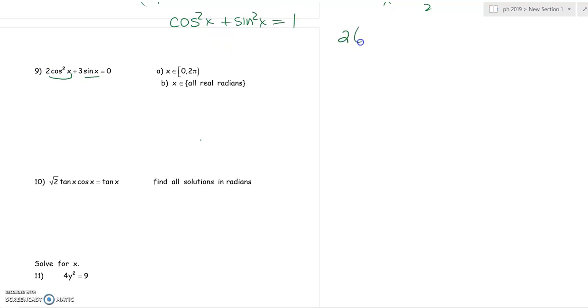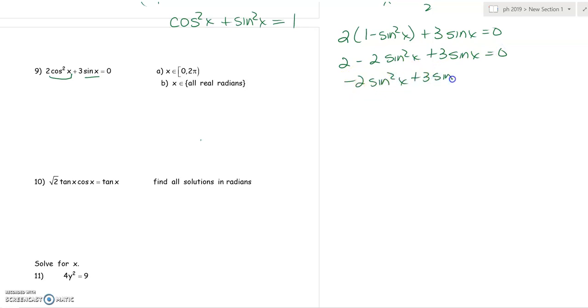So now we would have 2 times 1 minus sine squared plus 3 sine x equals 0. So we have 2 minus 2 sine squared x plus 3 sine x equals 0. I think it might be easier to factor this if our leading coefficient was not negative.